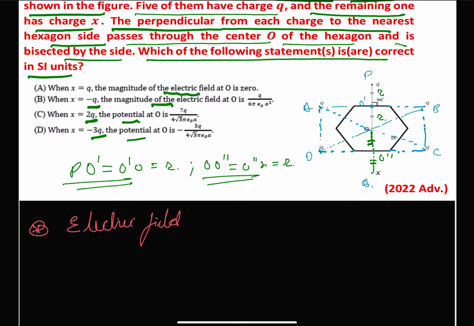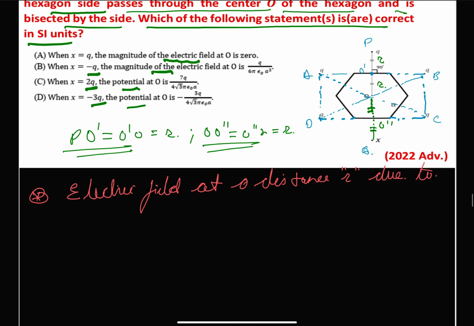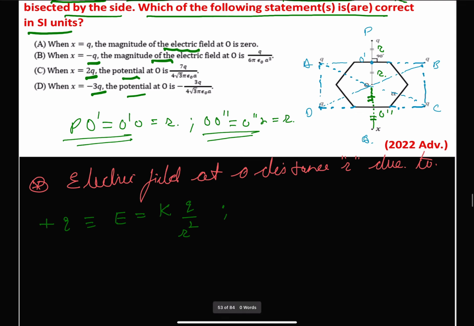Electric field at a distance r due to, first of all, let us take a positive charge, plus q: the electric field will be E is equal to K q upon r square, and its direction is also important here.